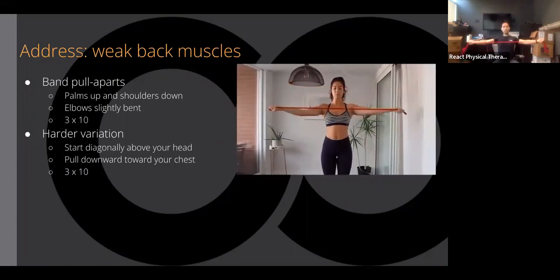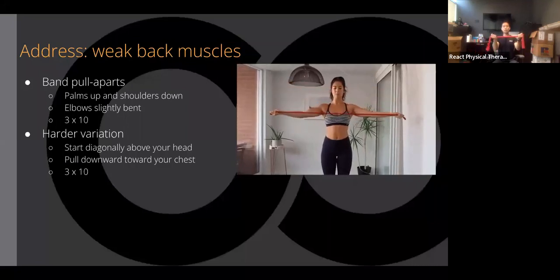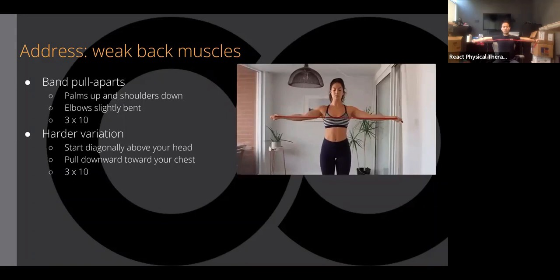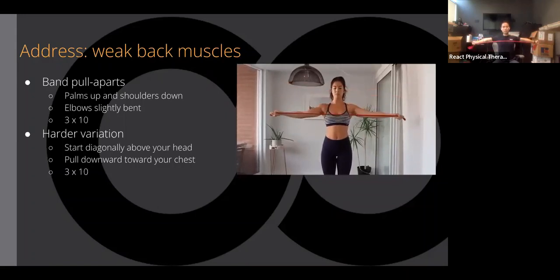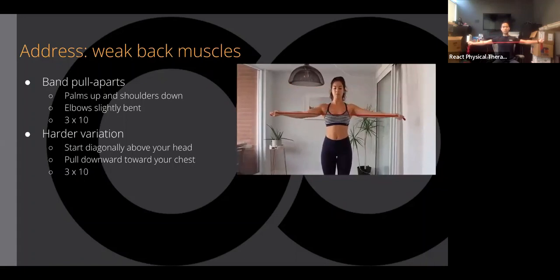Okay, elbows slightly bent. I see some people start with the elbows bent and then they straighten. And that's not really what I want. Okay, you want them almost straight and try to keep them there the whole time.